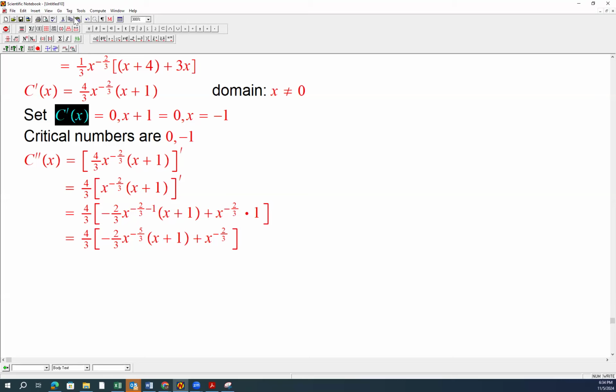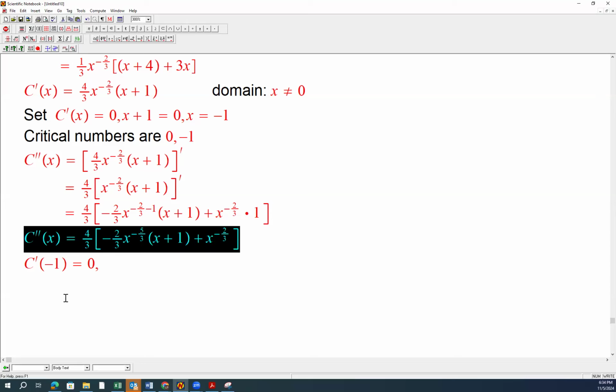Because we already know the first derivative at -1 is 0. Now look at your second derivative test. We still have to evaluate the second derivative at the point -1. So we just need to work on this piece.